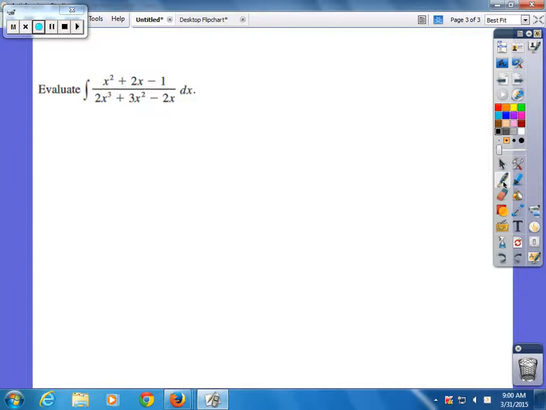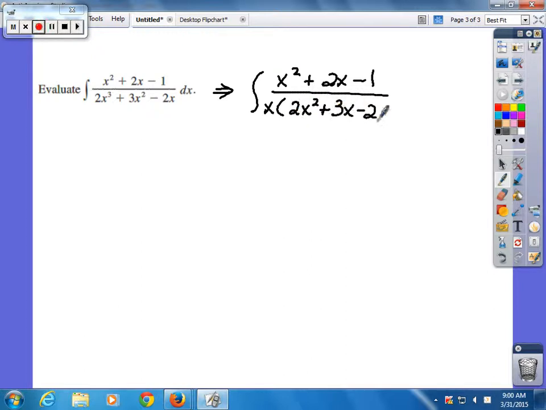Well, before we even start this, what can I do to the denominator? Factor out an x. That'll give us the antiderivative of x squared plus 2x minus 1 over x times 2x squared plus 3x minus 2 dx.